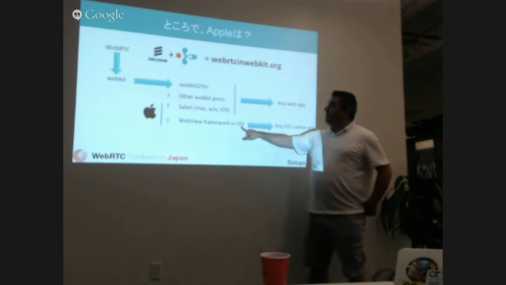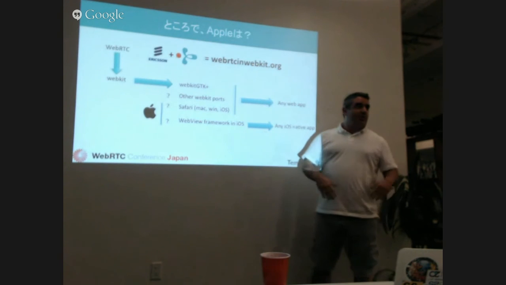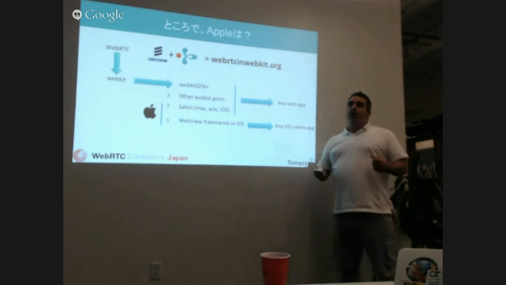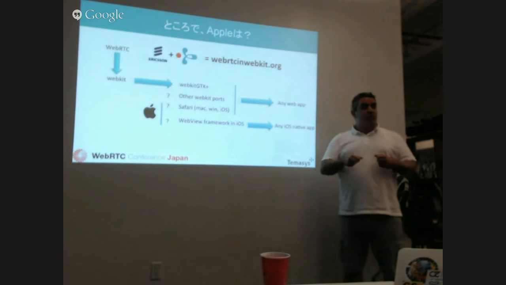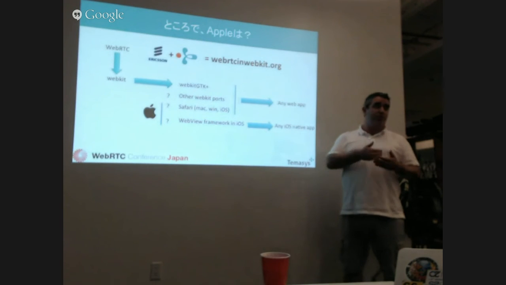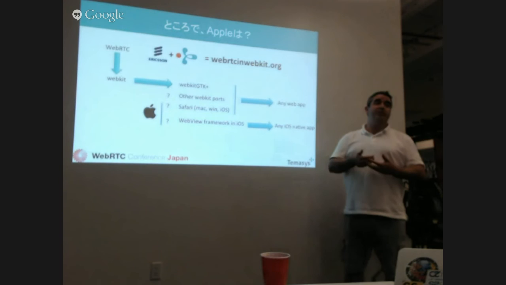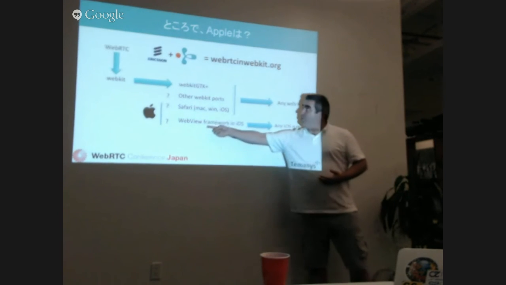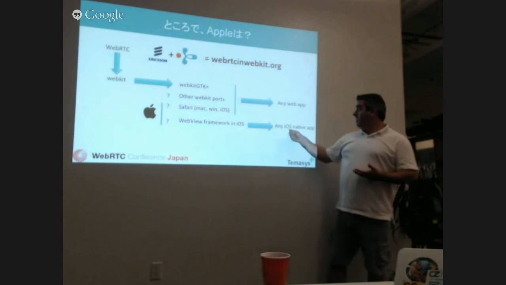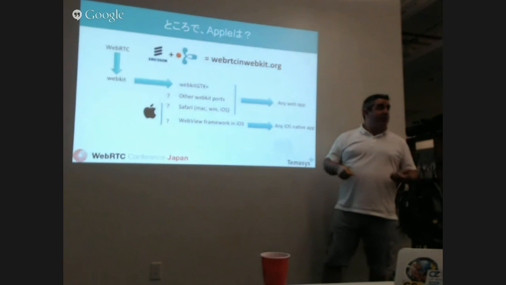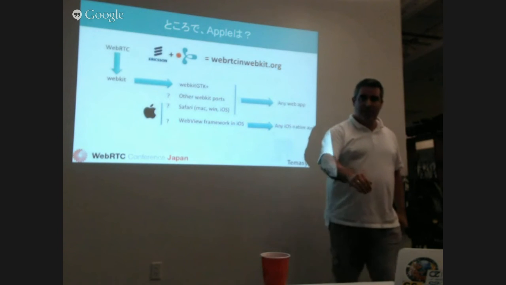Also, in iOS, all the other browsers and all the other applications are prevented from using WebRTC because the Apple-provided WebView, which is mandatory to use by App Store rule, does not include WebRTC support. That WebView being based on WebKit, this is the same source code. Apple could decide to provide a WebRTC-capable WebView, enabling any iOS native app to use that directly without having to recompile that WebRTC library, which is really a value.